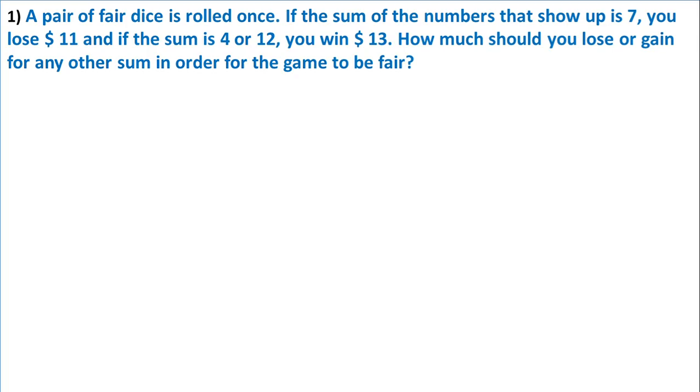If the sum of the numbers that shows up is 7, you lose $11. And if the sum is 4 or 12, you win $13. How much should you lose or gain for any other sum in order for the game to be fair?